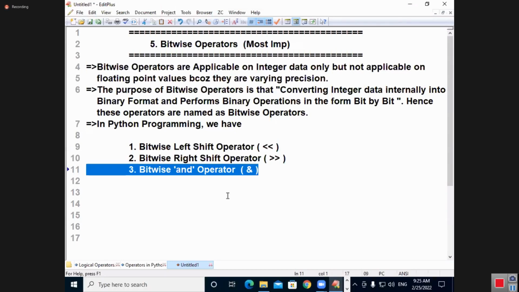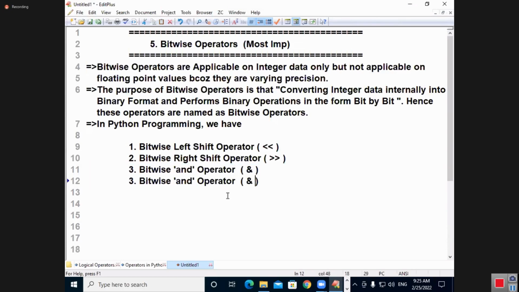Next is the bitwise OR operator. This is called the fourth one, the bitwise OR operator. Now I'm writing its symbol like this. Fifth one I will write: sorry, the bitwise complement operator.